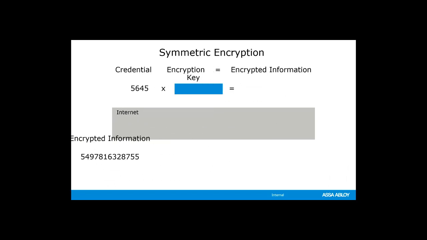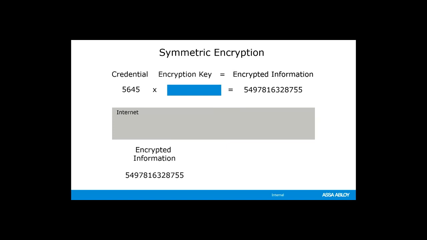Once the encrypted information reaches its final destination, the encryption key is used to decipher the encrypted information to determine what the original credential is. This is symmetrical encryption because it uses the same key for encryption as well as decrypting the credential.